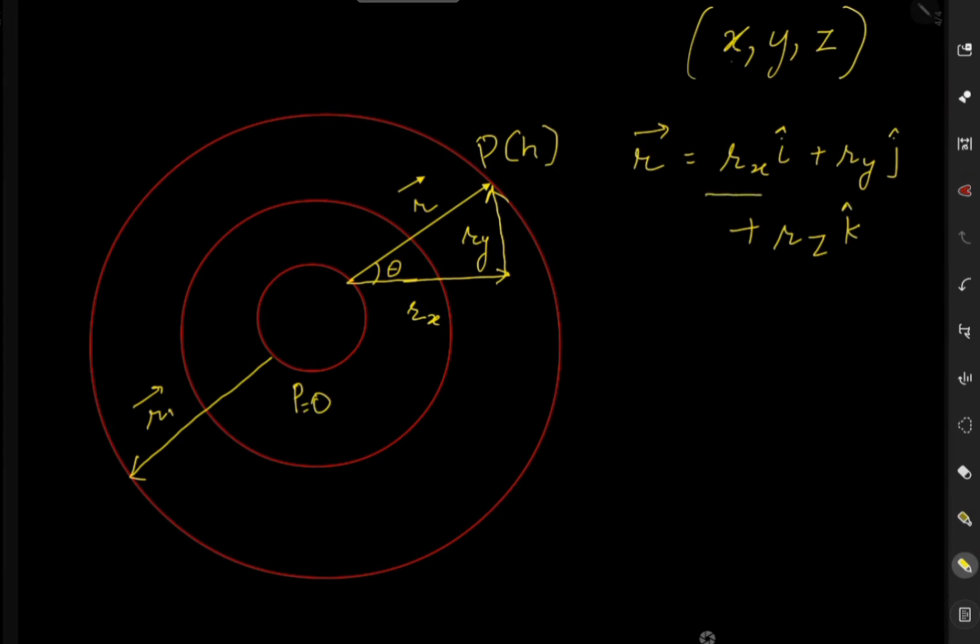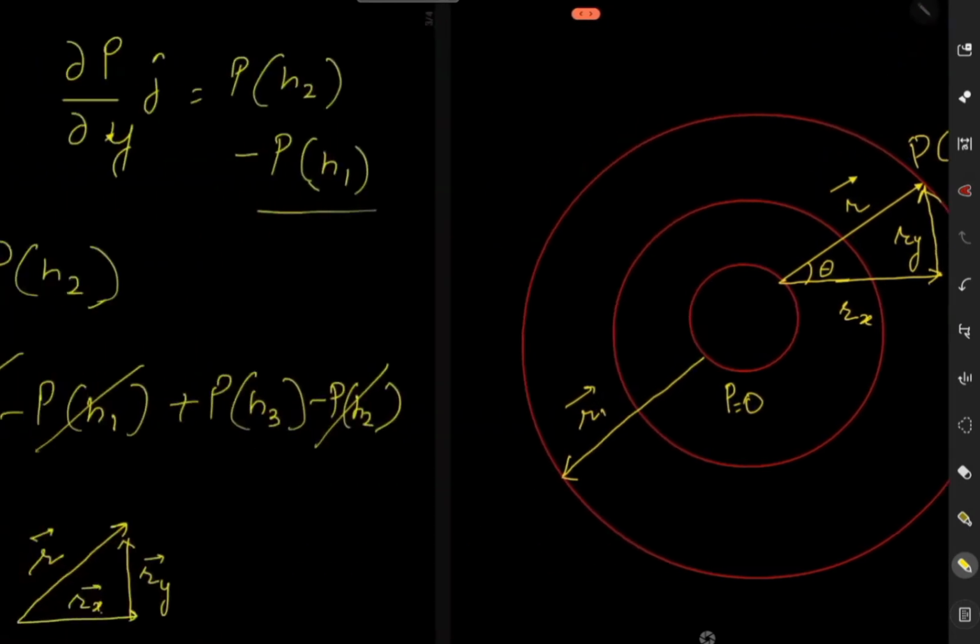We have to move rx, ry and rz distance in respective directions. We cannot move directly in r direction, because we are not working in polar coordinates.